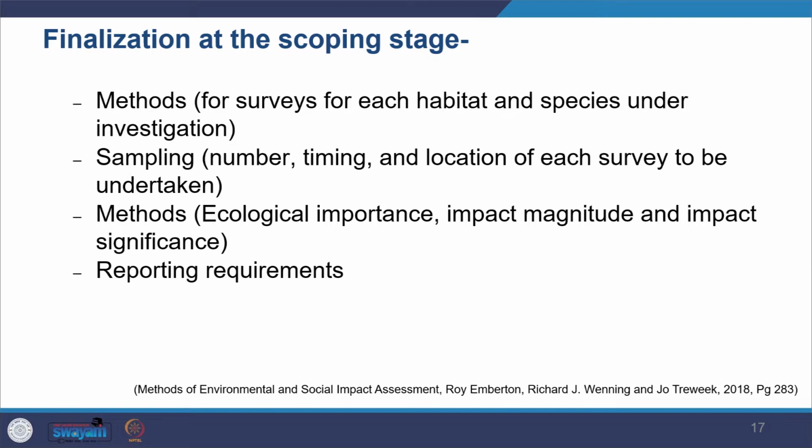So you need to be very careful how you make these commitments and what approach you adopt. And then you also need to fix how you're going to report what you find in the study, and what the reporting requirement would be. At the scoping stage you fix all of this and enter an agreement with the authority. In India, we have terms of reference, and we have sector-wise terms of reference.